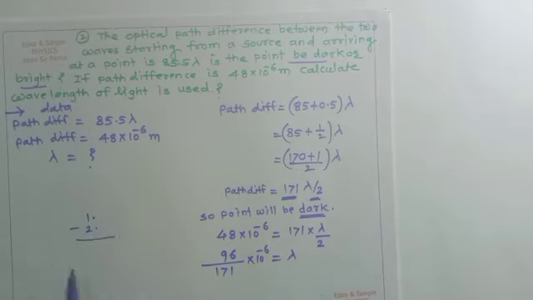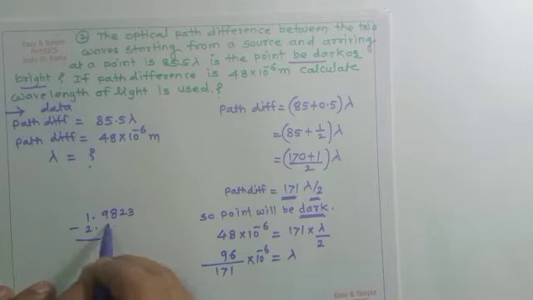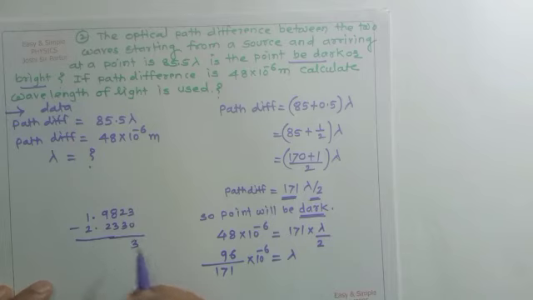So here 96 is 9823, and 17 in 1, it will be 2330. If we subtract, 0 from 3, 3 is there, 12 from 3, 9 is there, 4 from 8, 4 is there, 2 from 9, 7 is there, and bar 1.